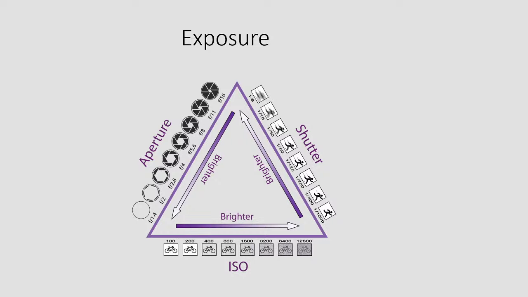See, the pictures you're going to take have three components as far as the camera is concerned. One is the aperture, the other one is the shutter speed, and the third one is the ISO. These three together will determine the exposure of the picture. When I say exposure, it's basically whether it's brighter or darker.